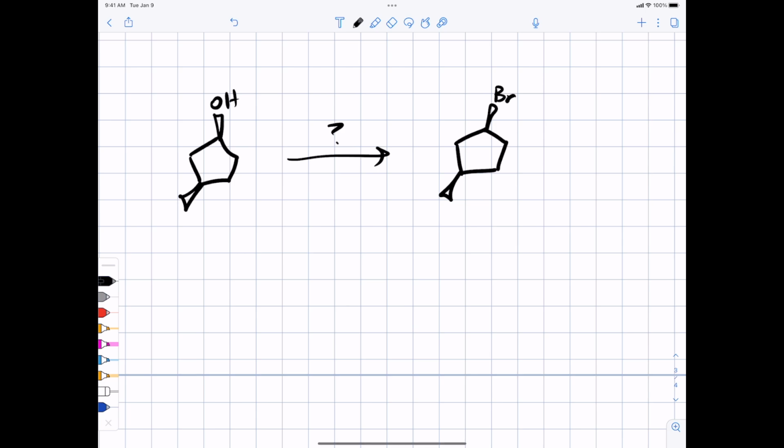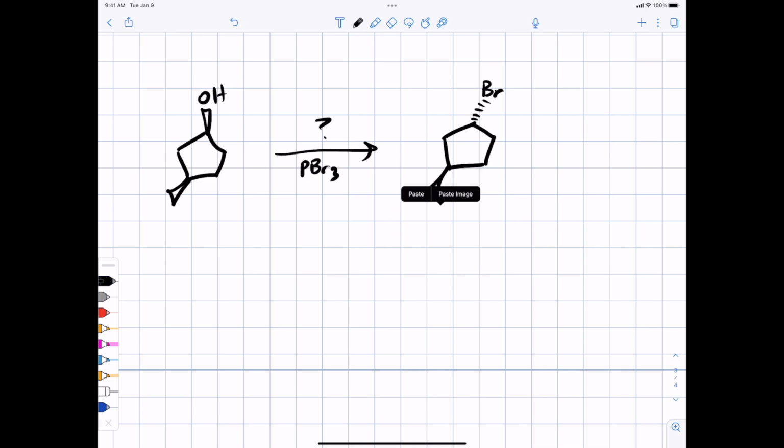What is the reagent that makes that conversion? And you'll have options A through Z, and one of them will be correct, and that's PBr3. Where's the inversion? Boom. There it is.